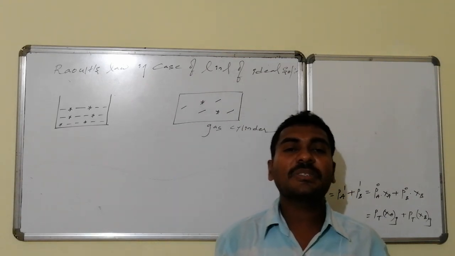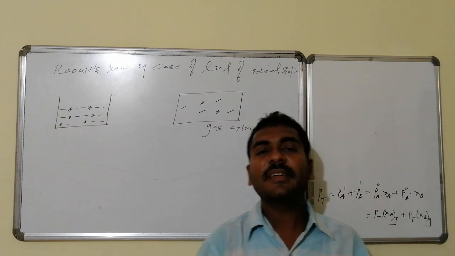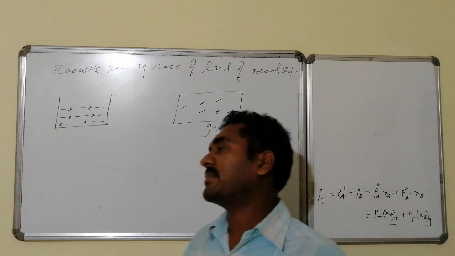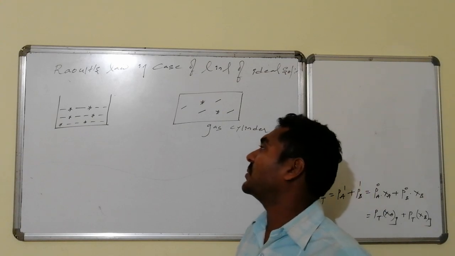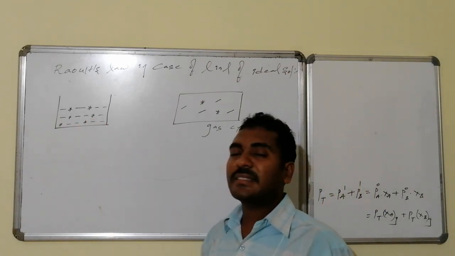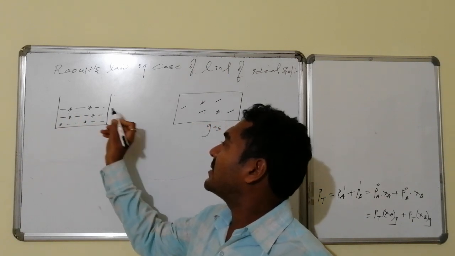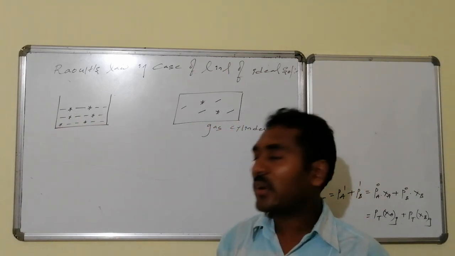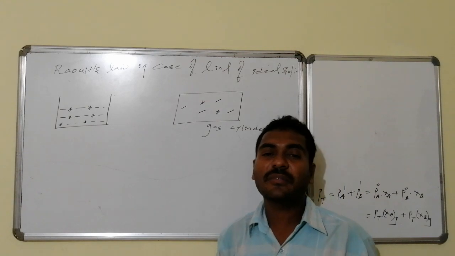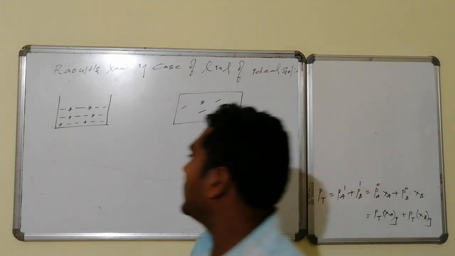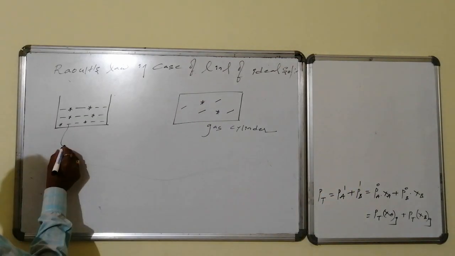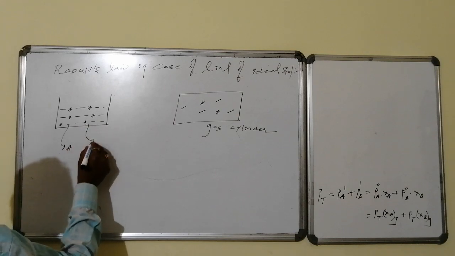Every layer's composition is the composition present in the entire liquid mixture, that is a homogeneous mixture, a solution. Every layer consists of A molecules, four in number, whereas star-related component B is two in number. Let us consider this is component A and this is component B.